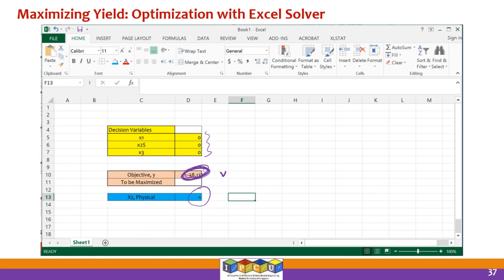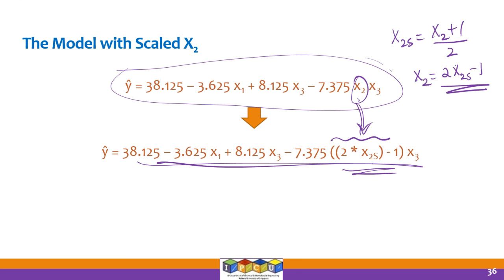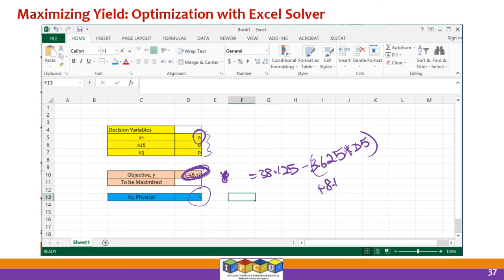I go here and say equals 38.125, then minus 3.625 times this cell, which is, let's say, D5. Then the next term is plus 8.125 x3, and x3 is nothing but D7, right?